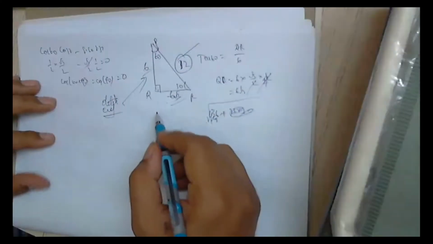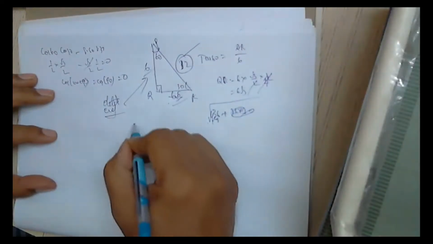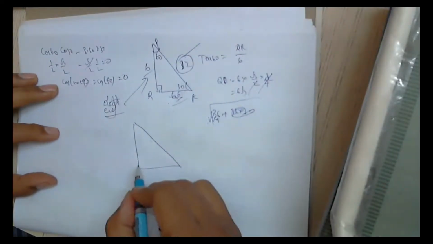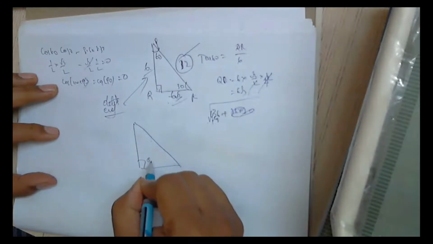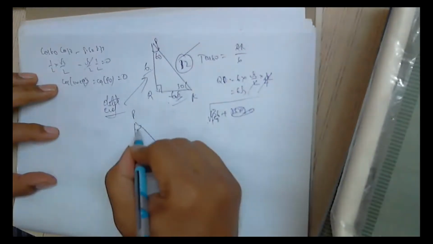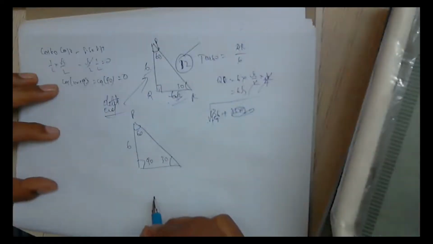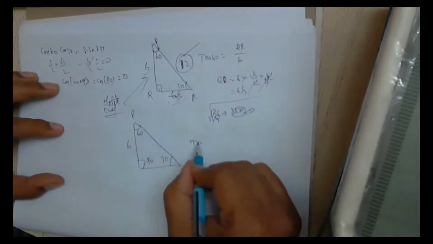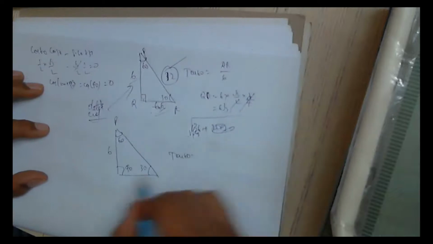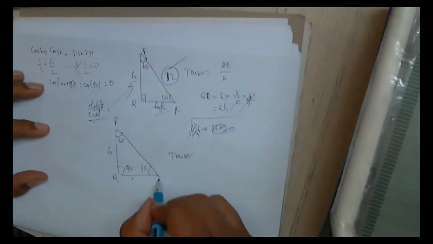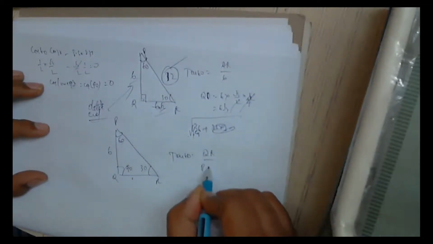So what did we get here? This is my right angle triangle. Angle Q is 90, P is 60, so automatically this is 30. This side is given as 6. So tan 60 is QR by 6, opposite side by adjacent side.